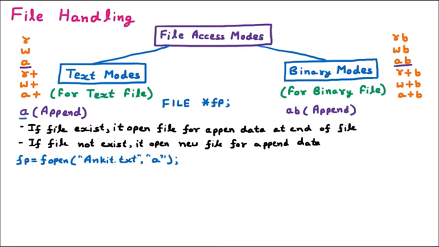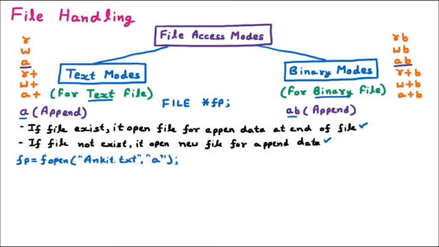Corresponding to the append mode, which is for the text file, we have ab, which is for the binary file. In ab, we have the same cases. Case number one, if the file exists, we will open it and data will be added at the end. And if the file is not there, it will create a new file and data will be appended to it. Now we are learning how to use binary mode ab.